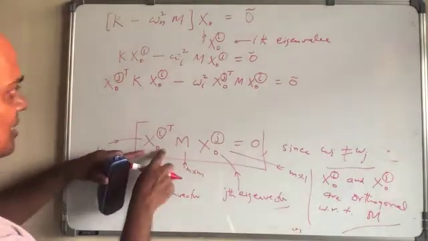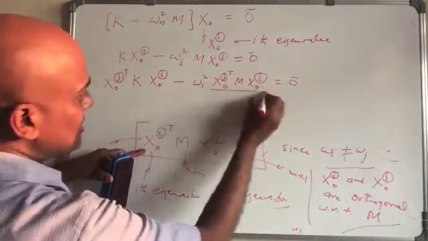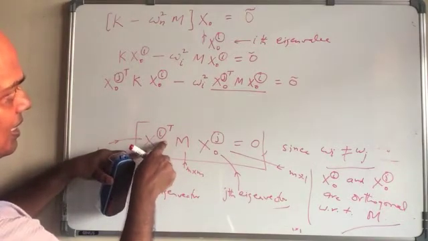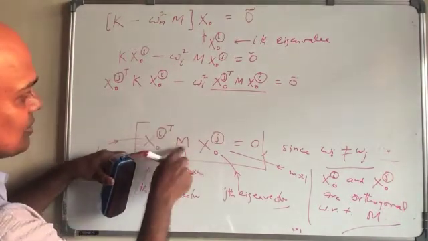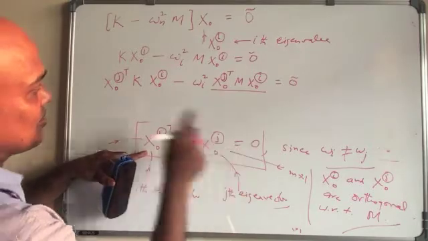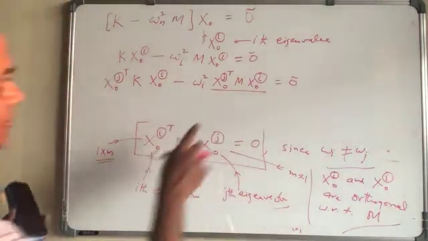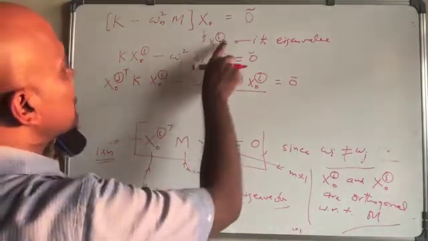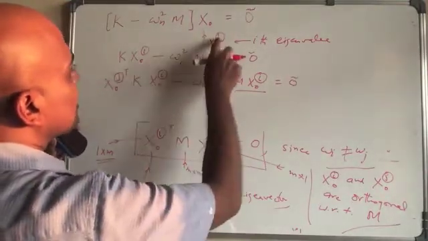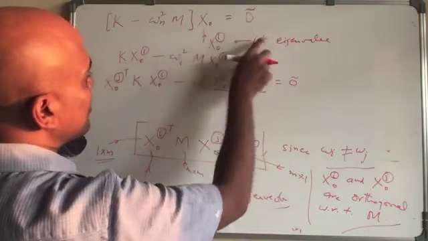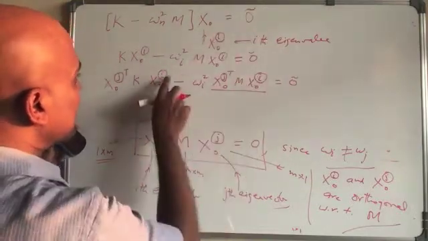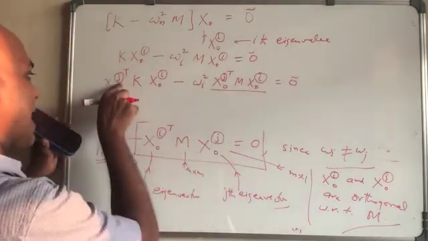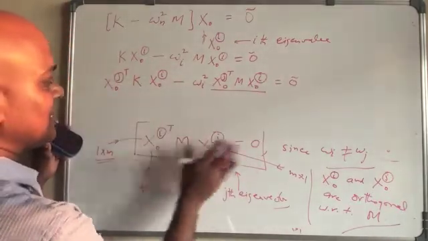Now look here, this says x_i transpose M x_j equal to 0. Instead of the ith one, if we had taken the jth one here and then multiplied by the ith one here, we will get exactly the same thing.